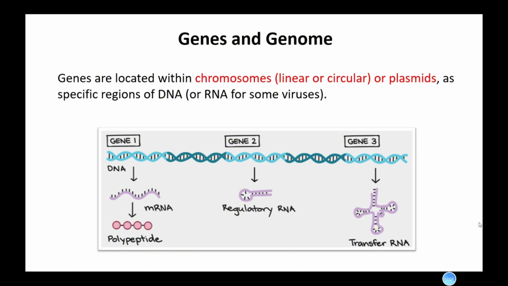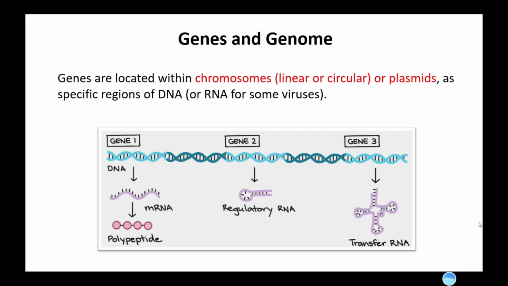But for some viruses, the genes are located on the RNA molecule. So here, this part is one gene, this part is another gene, this part is another gene. And they might carry out function in different ways.